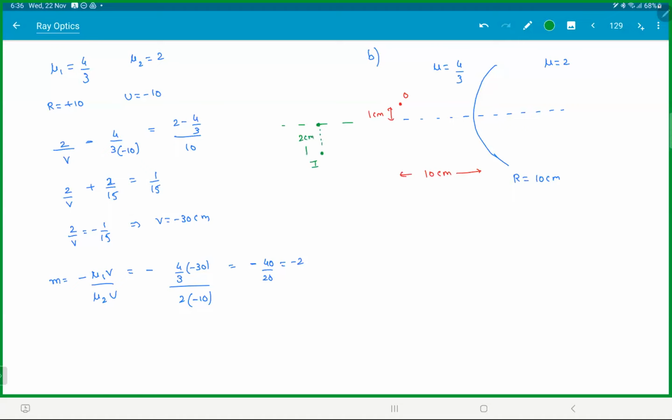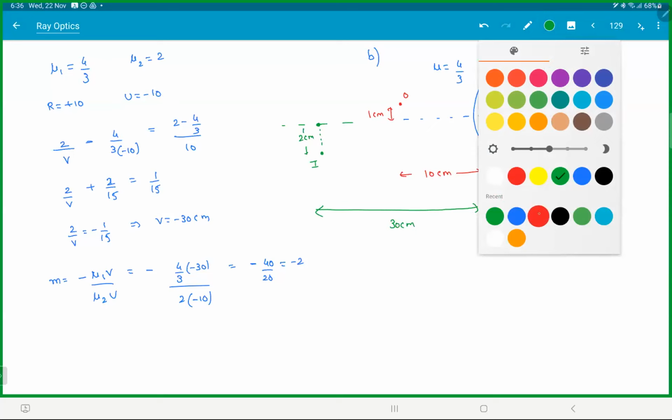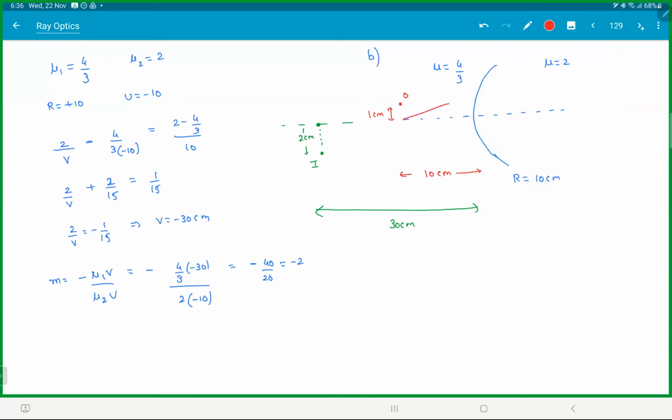Two centimeters below at a distance of 30 centimeters. Meaning these light rays were actually from here. It's also a virtual image. Have a look at this. Yeah, minus 30, so the coordinates would be minus 30, minus 2 centimeters.